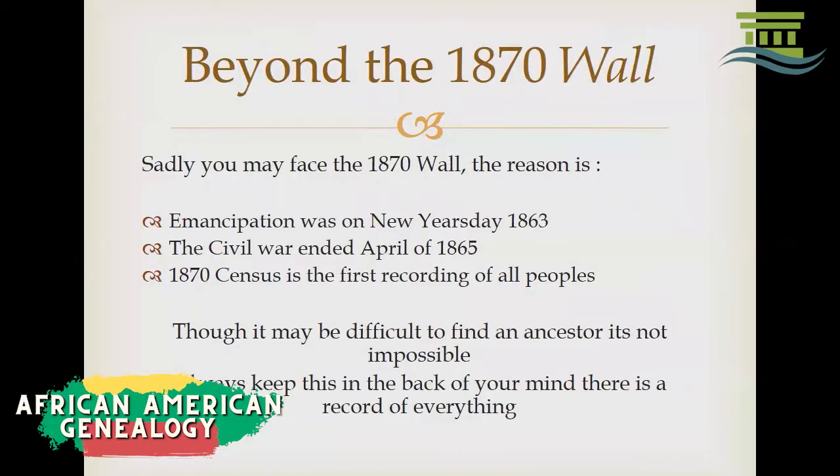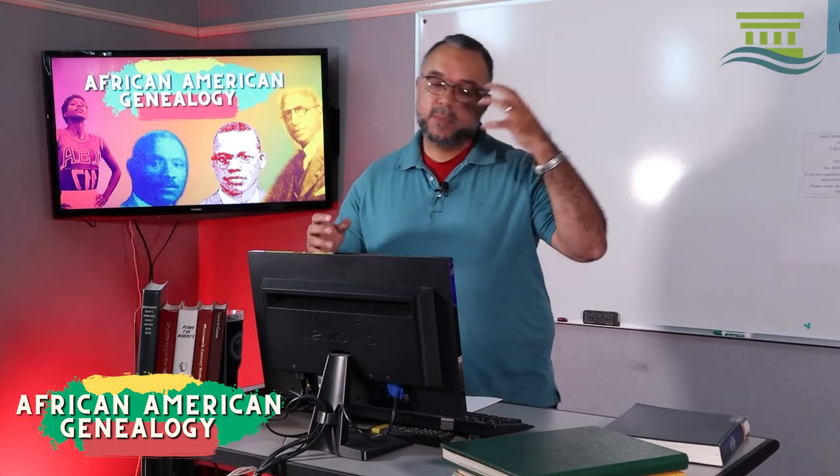Some of the things that you may encounter is you may find them, boom, I got them in 1940, boom, I got them in 1930, and you may make your way all the way up to the 1870 wall. And the reason why some genealogists call it the 1870 wall is because, thinking back to the American history class that we took in high school, the Civil War ended in 1865.